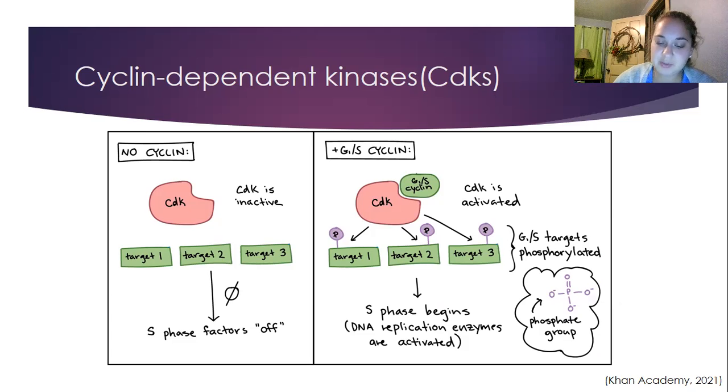The example used previously was the M cyclin during the M phase. It applies here too, because once those two combine, they're activated. In this case, I have a G1/S cyclin, giving a different example instead of that M cyclin during the M phase.